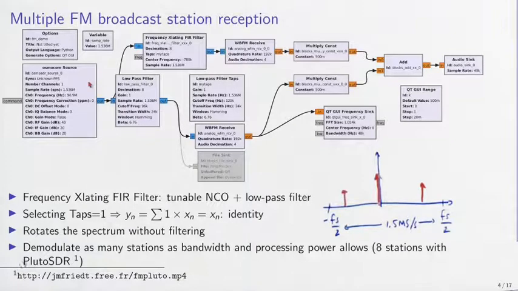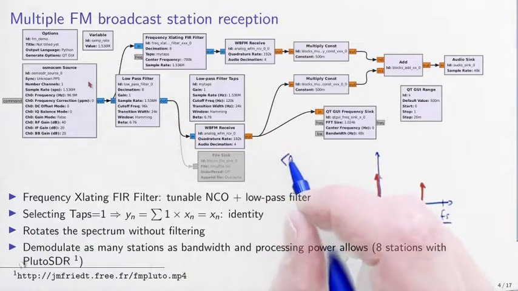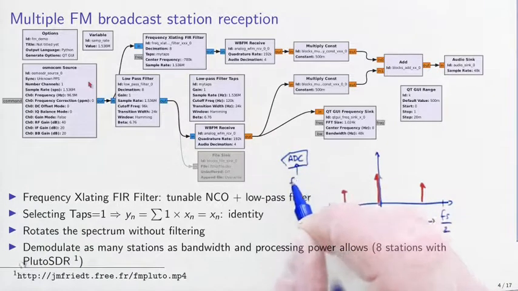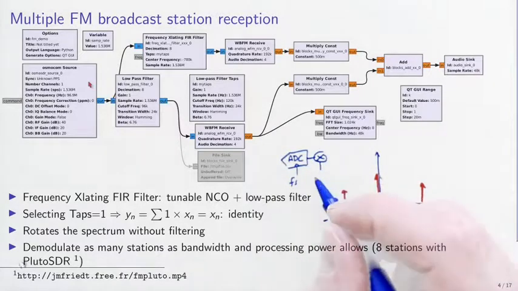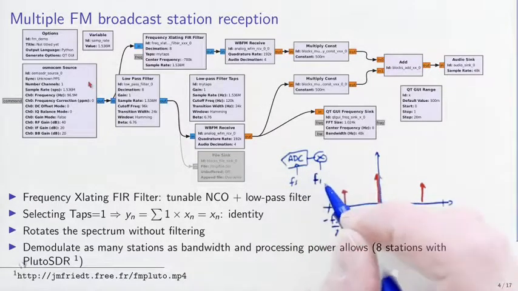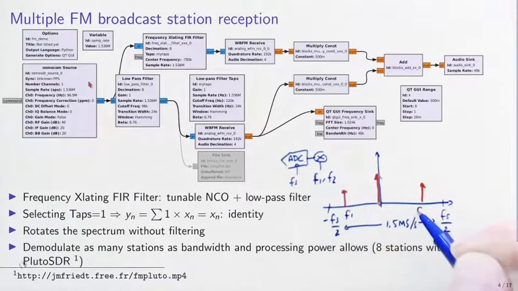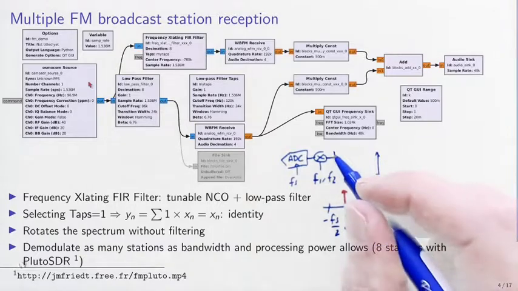Now, this frequency transposition step that we discussed earlier, where we have sampled using the ADC at sampling rate fs, and then we wish to switch the center frequency using either f1, f2, the offset frequency over here, and then filter out any unwanted spectral component.